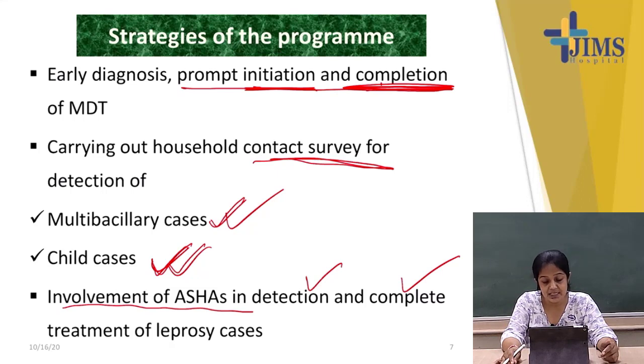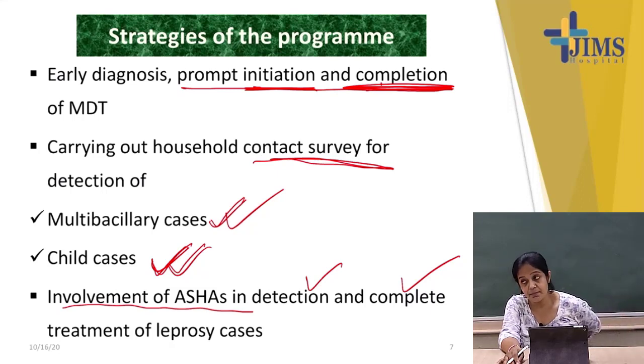For this purpose, there are some incentives for the ASHAs for case detection. For each case detection, they are given rupees 200, and on each patient's treatment completion. Completion means total completion within the stipulated time period: within 9 months for the PB and within 18 months for the multibacillary, without any drug interruption of 1 and 2 months respectively for the PB and the MB.